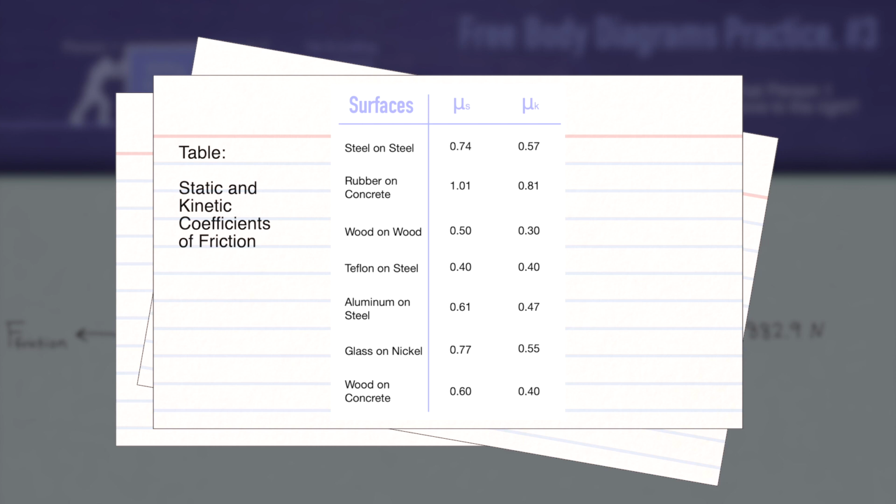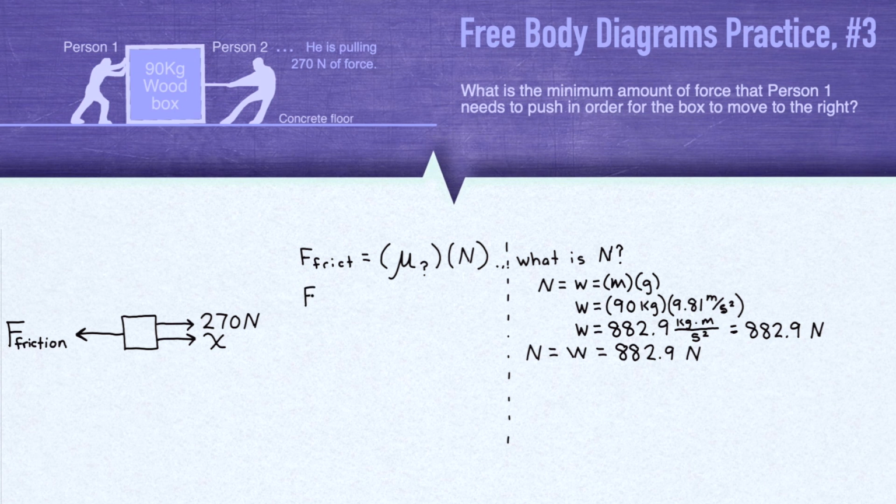So I'm going to look on this chart and find wood on concrete. And I see that the mu subscript s, which is the coefficient of static friction, is 0.6, and mu sub k, which is the coefficient of kinetic friction, is 0.4. I know that the box is going to have to overcome both of them at some point, and since 0.6 is greater than 0.4, I know that the coefficient of static friction is going to come out with a higher answer than if I used the coefficient of kinetic friction.